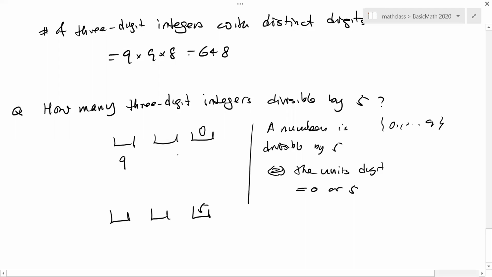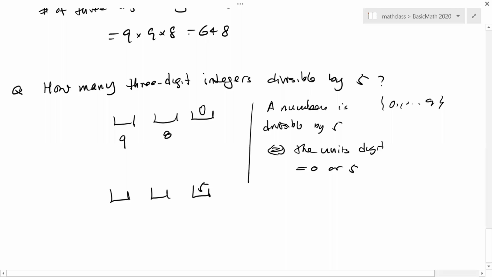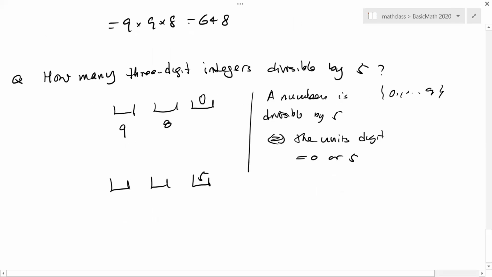And then 2 digits are already used, so for the tens digit, you have 8 choices. Do you agree?